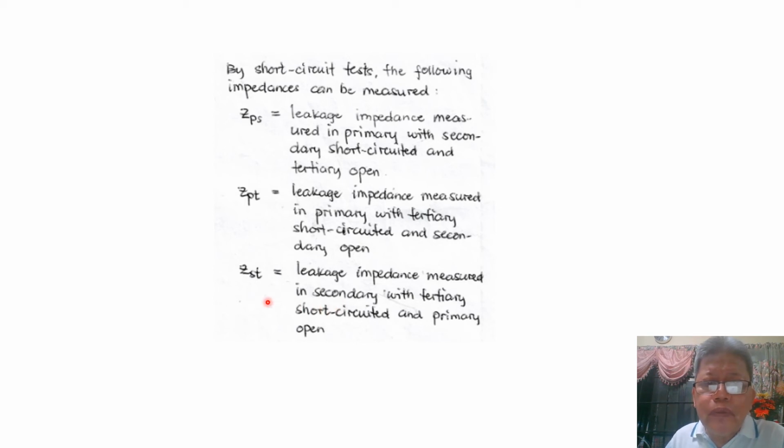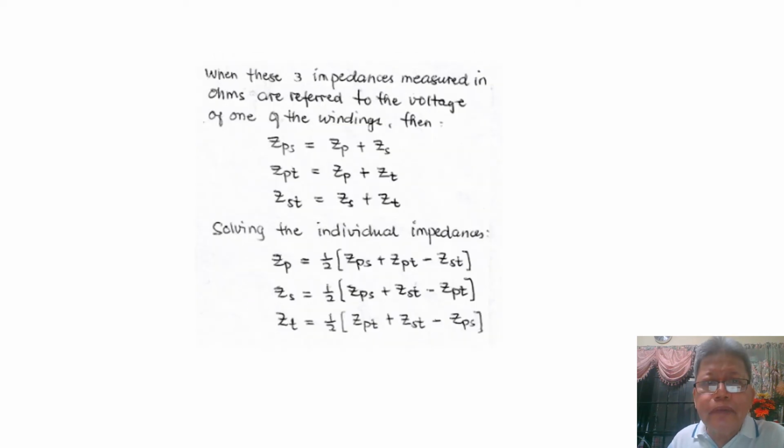So the equivalent impedance that we can obtain here is the impedance between the secondary terminal and the tertiary terminal, or ZST. Now these three impedances are measured in ohms, and referred to the voltage of one of the windings, then we can just write the equivalent impedance ZPS equal to Z sub P plus Z sub S.